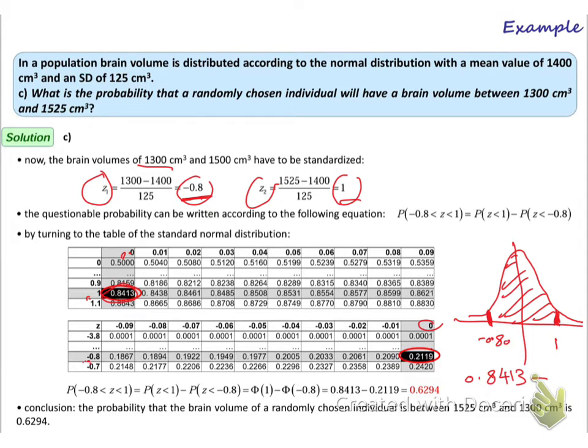Be careful, you are checking minus 0.8, it is not positive, it is minus. So it will be 0.119, and we can get the difference between them, which will be 0.6294. So this will be the answer.